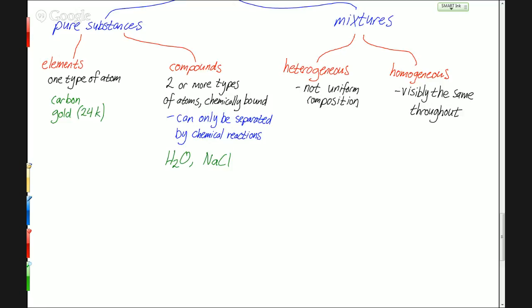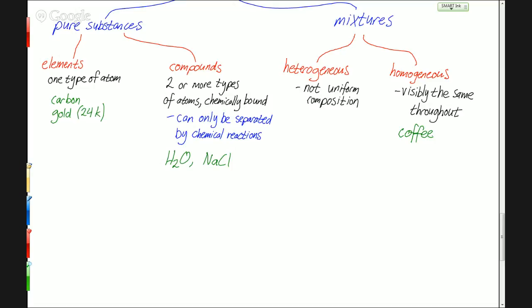So these are kind of nice to look at some examples. Coffee. Has anybody ever had coffee? It's like blackish, kind of brown. Sometimes you put milk in it. But what's in coffee? What kinds of compounds or substances are inside coffee?